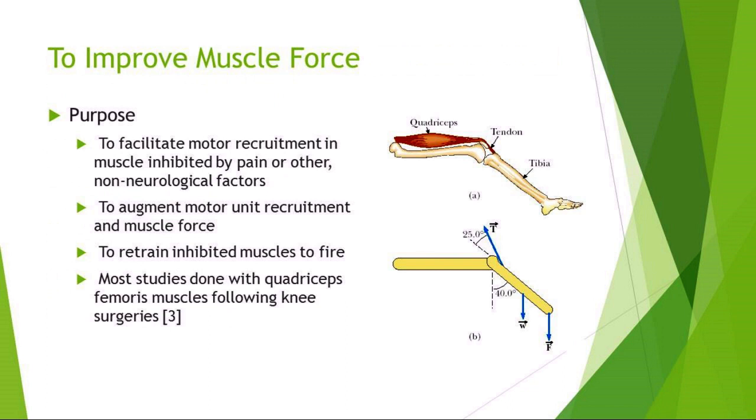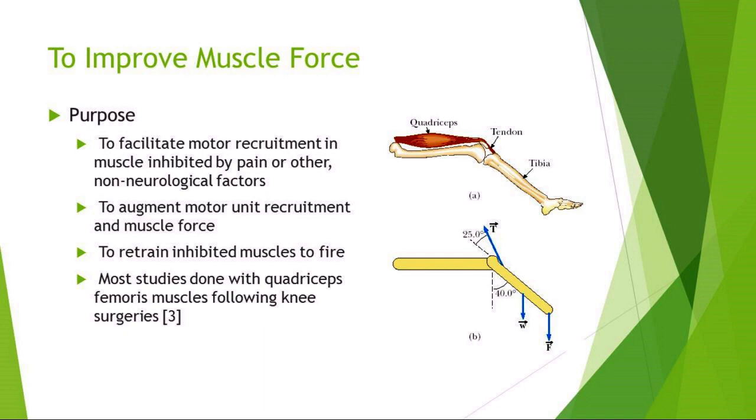So to improve muscle force, using e-stim to improve muscle force, the purpose of using the e-stim is to facilitate motor recruitment in muscle that's inhibited by pain or other non-neurological factors. So a lot of times, this is where we're using this is post-surgically.